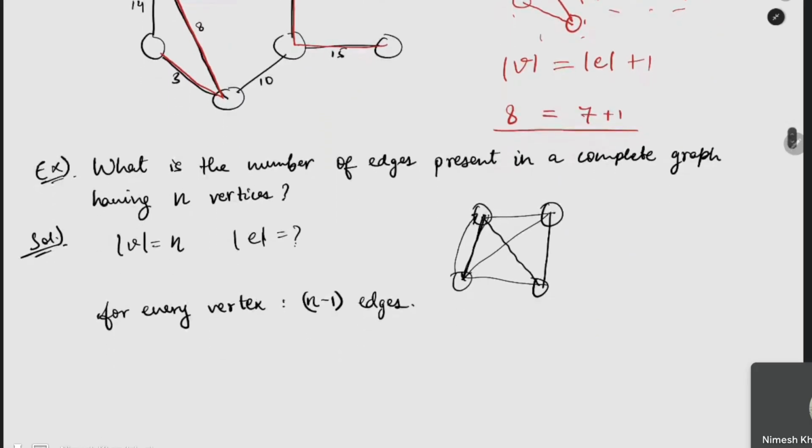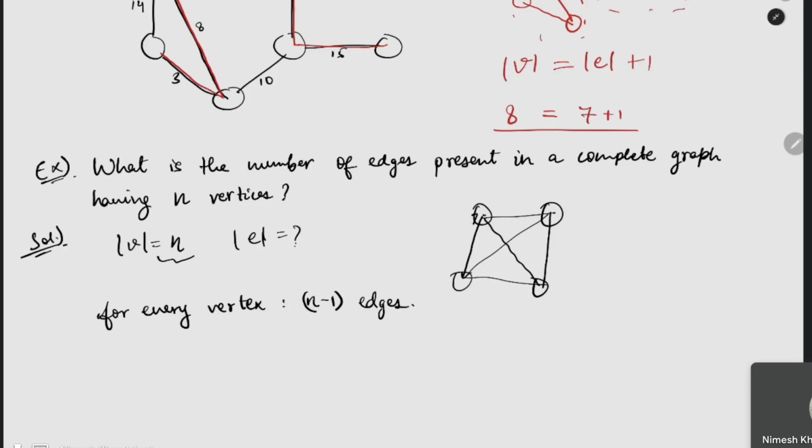And for n vertices, also, since it has to be connected to all of them, if a vertex has been connected to another vertex, it does not need to connect back, right?